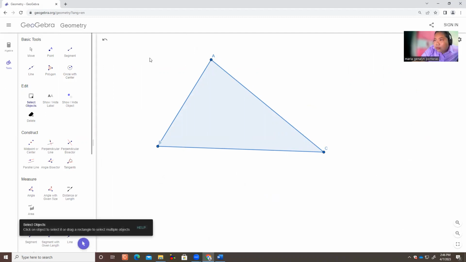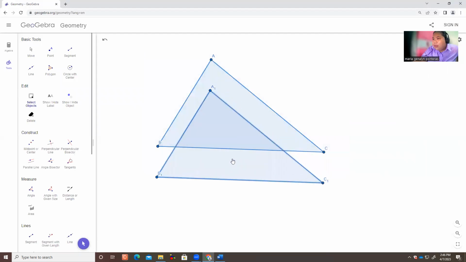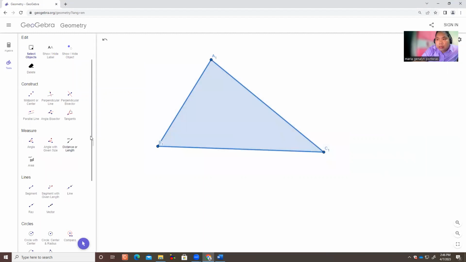Select tayo, and duplicate. Okay. Ayan na siya, duplicate na siya. Bigyan natin ng sukat yung gitna lang na angle. Bigyan natin ng sukat yung sides. Ayan.